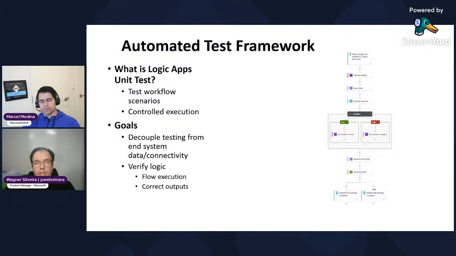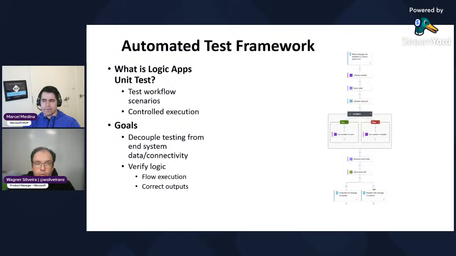And for you to reach that destination, you need to be able to control the execution, right? So you need to know exactly what the outputs are going to be for the things that you don't have control over. And the things that you don't have control over here are usually the connectivity with the external systems, right? So in my case here, I don't have control over how or when I'm going to receive a message from a queue and what that message is.